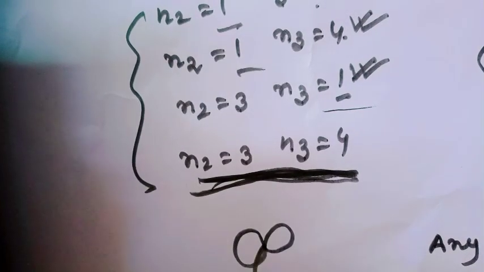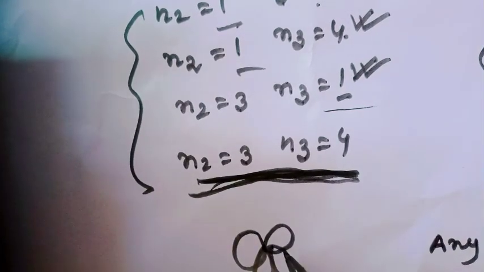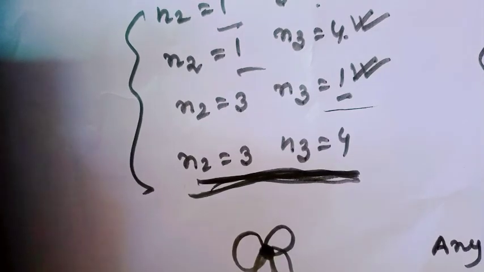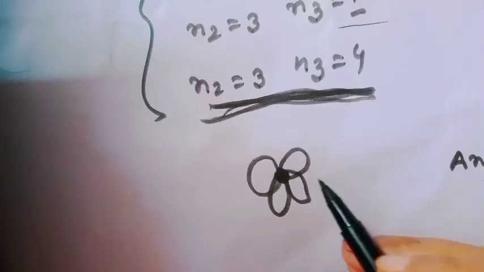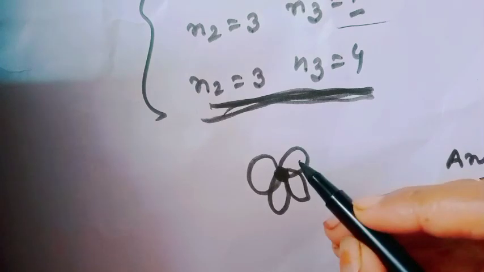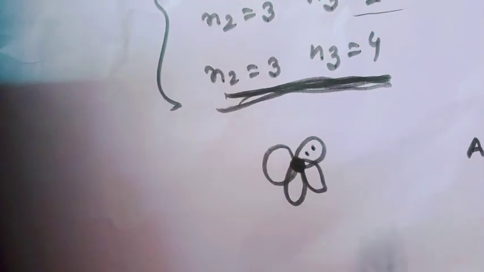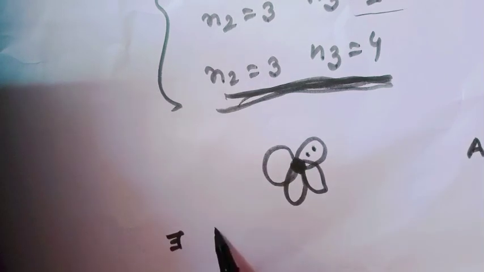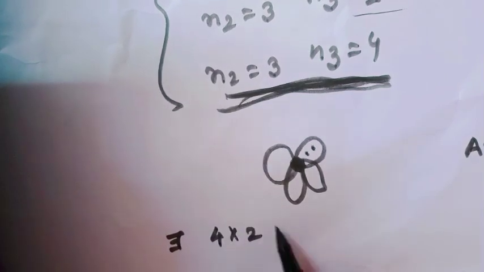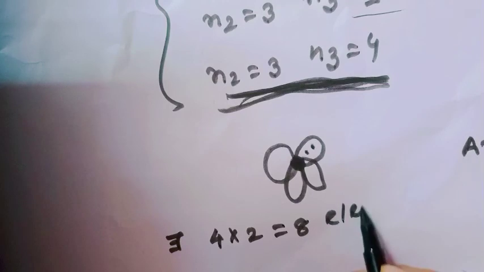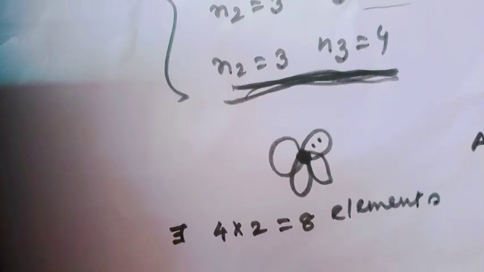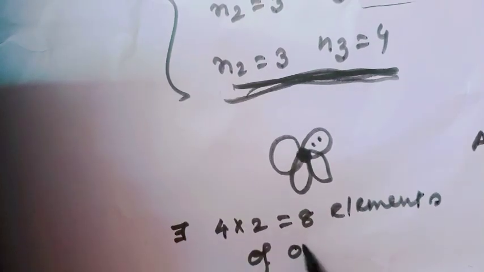That means if you have 4 Sylow 3-subgroups, they intersect only at the identity element and nothing else. And in each Sylow 3-subgroup, you will get obviously 2 elements of order 3. So there always exist 4 into 2 equal to 8 elements of order 3.